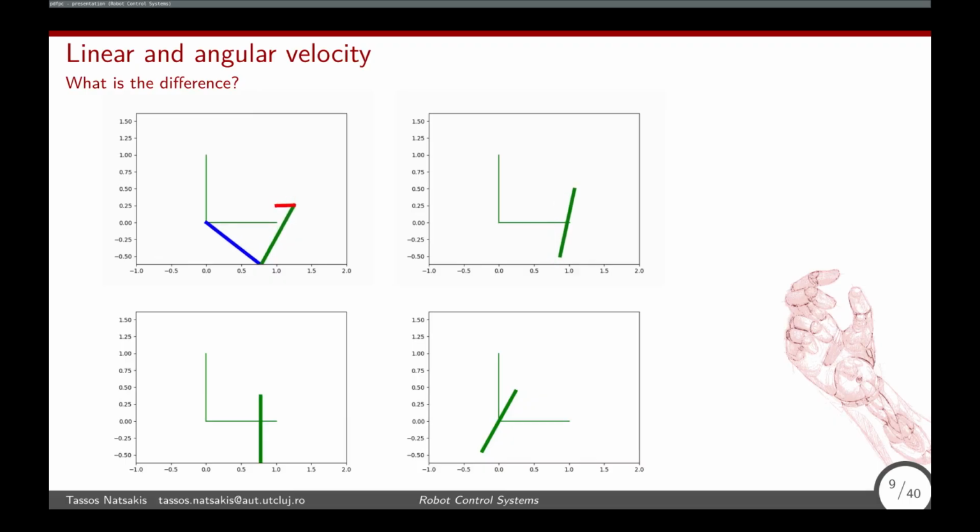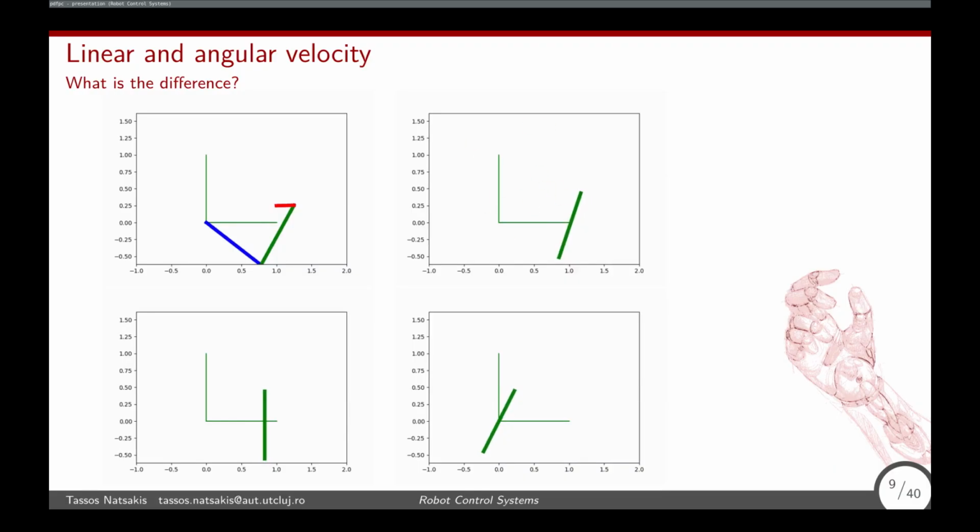So this motion is basically the combination of a linear motion and an angular motion. If I add these 2 together, which is basically a translation and a change in orientation, I will end up with the combined motion that we see for this segment here.